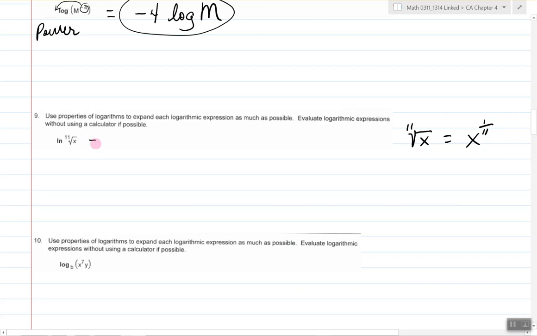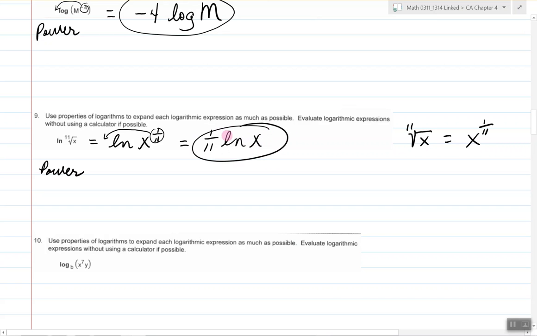So this is natural log of x to the 1/11 power. So it is the power rule. You're going to have to remember that radicals, square roots, cube roots, and so on, can be written as fractional exponents. Now it's the power rule. This becomes the coefficient, so it is 1/11 times the natural log of x.